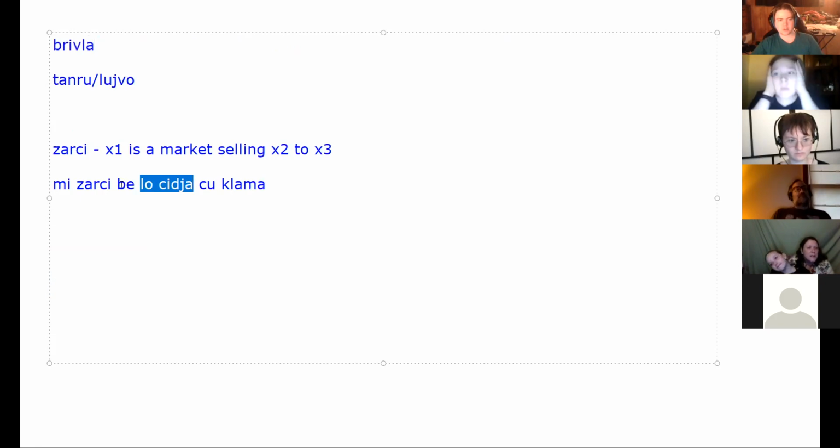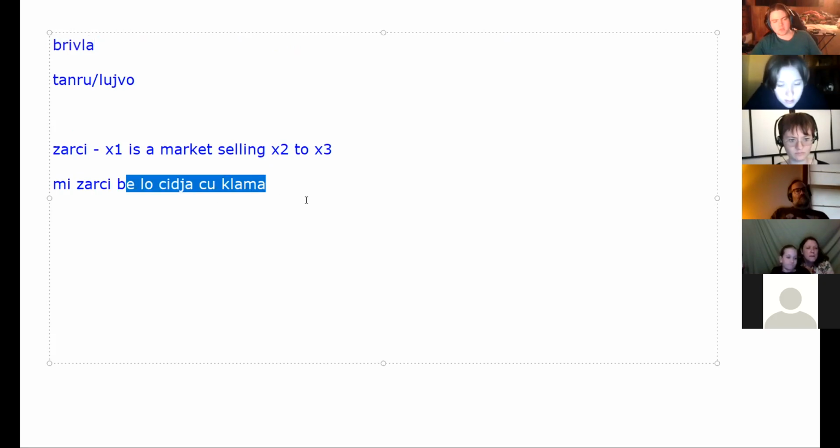So if I said mi zarshi lo shija, I believe lo shija would attach to klama. So it would be like I market go to the food, or something like that. It would attach to klama, the base of it. You use be to attach it to words along the way.